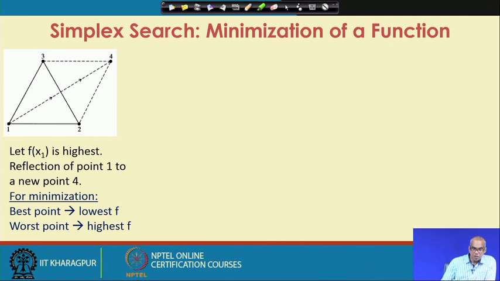So, this diagram schematically shows what we just discussed. Consider a 2-dimensional simplex consisting of 3 points 1, 2 and 3. Let us consider I am minimizing a function of 2 variables. So, I take 3 points 1, 2 and 3, and I evaluate the function values at each of these 3 points. Let us now consider 1 has the highest function value.